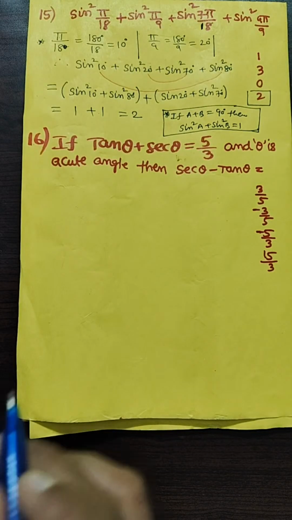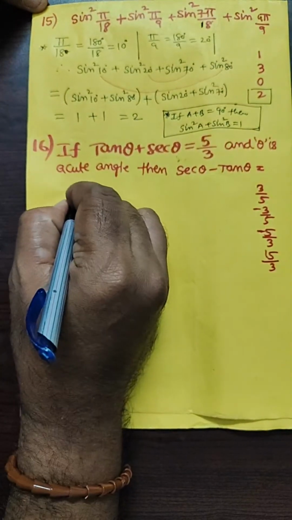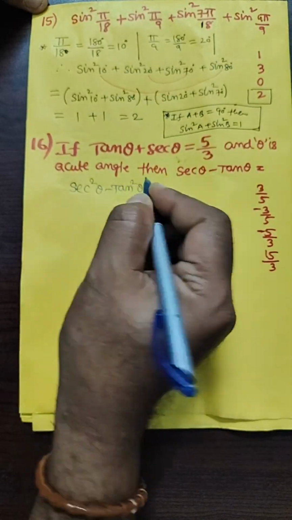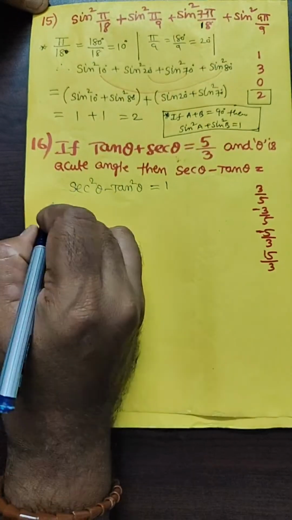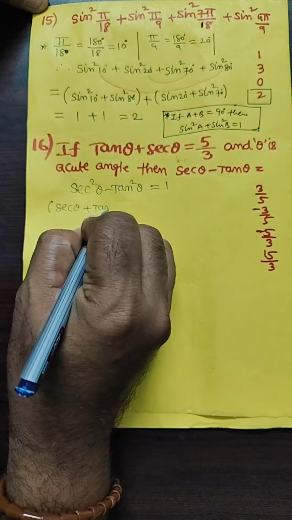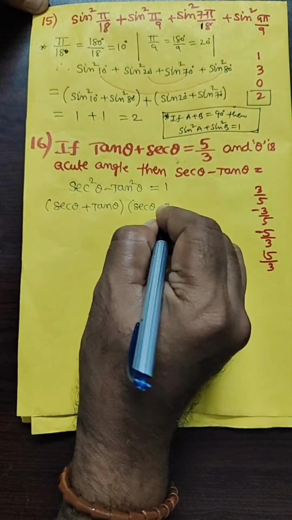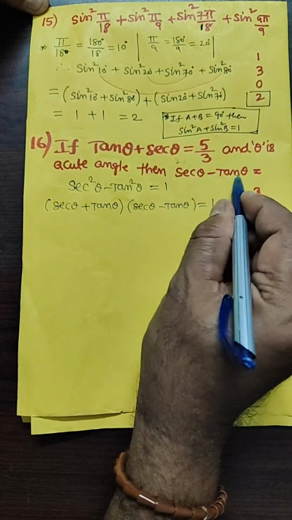It's very simple. We have that identity, dear students: secant square theta minus tan square theta is equal to 1. This is in the form of a square minus b square, which is a plus b into a minus b. So secant theta plus tan theta into secant theta minus tan theta is equal to 1. I want secant theta minus tan theta, no?